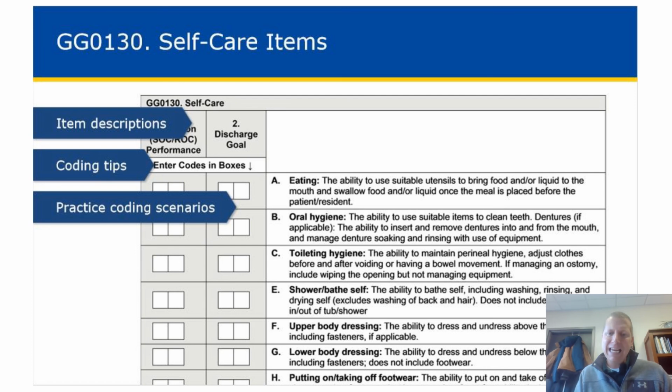So if we're looking at eating, okay, eating is defined as the ability to use suitable utensils to bring food and or liquid to the mouth and swallow the food and or liquid once the meal is placed before the patient or resident. Okay, so that tells me that once that meal is placed in front of them, I'm going to be assessing how they bring up the food from their plate to their mouth, how they're able to chew and swallow safely.